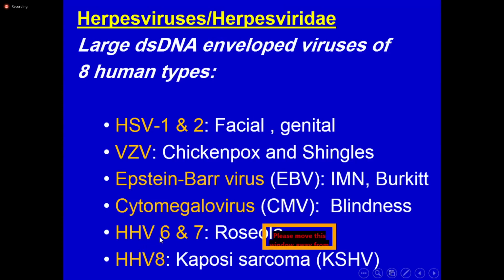Human herpes virus type 6 and 7 are associated with a disease called roseola. We talked yesterday about roseola infantum. Human herpes virus type 8 is associated with Kaposi sarcoma. This is the summary of what we are going to go into details in a moment.